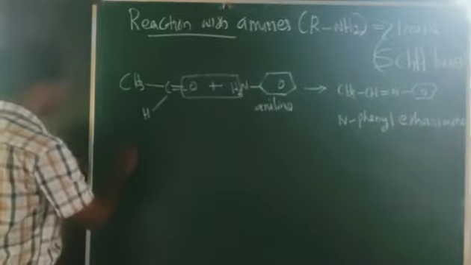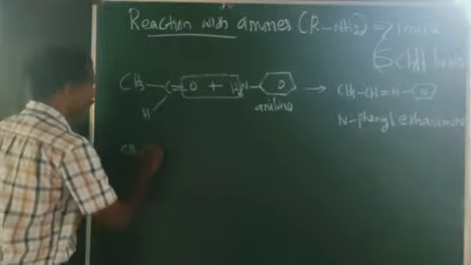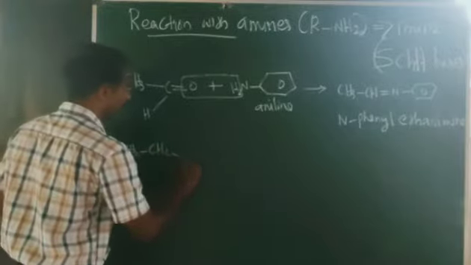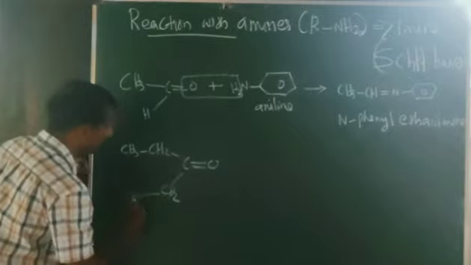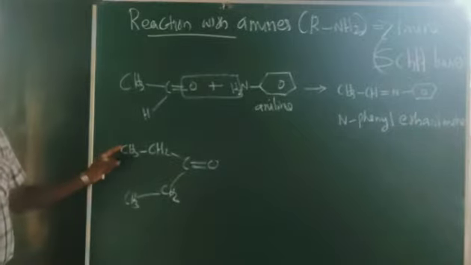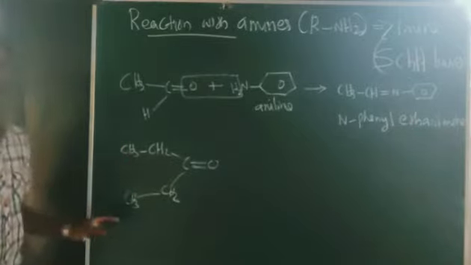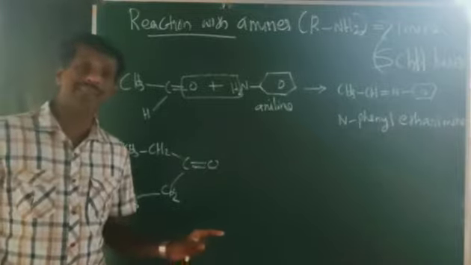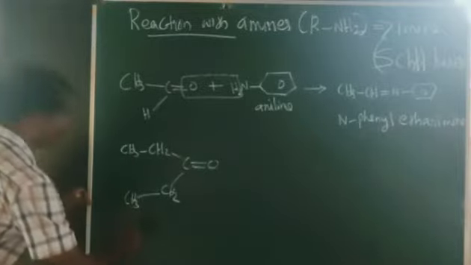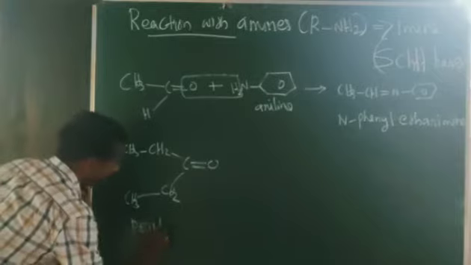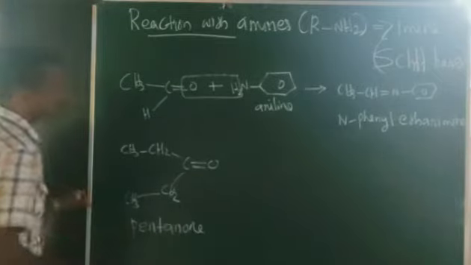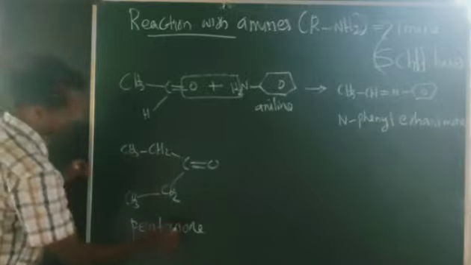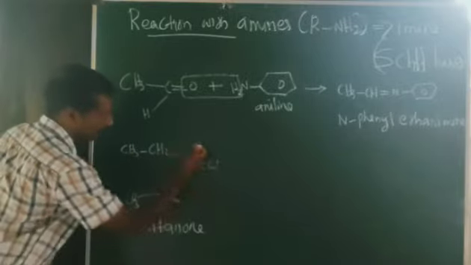Another example, if we take a ketone, CH3CH2-C=O-CH2CH3. What is the name of this ketone? How many carbon atoms? 1, 2, 3, 4, 5. A 5 carbon ketone, pentanone. In the third carbon, the CO group is there.